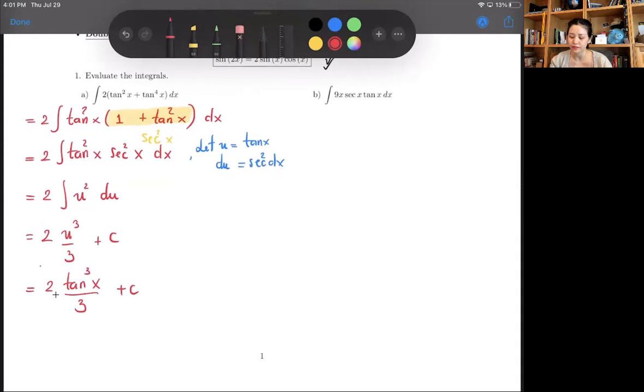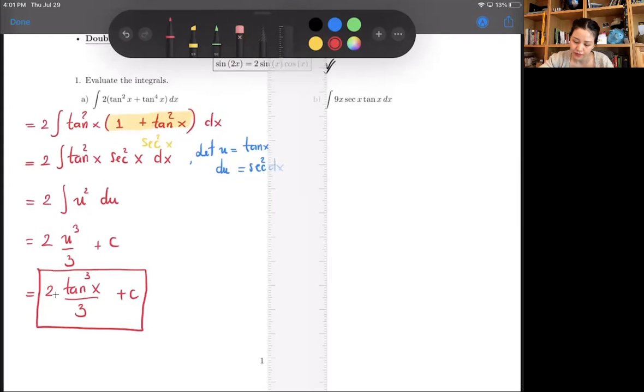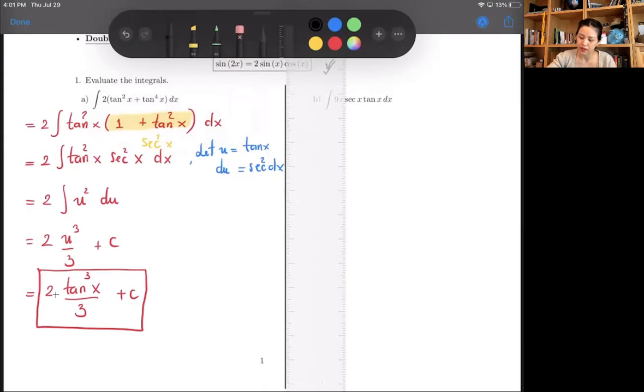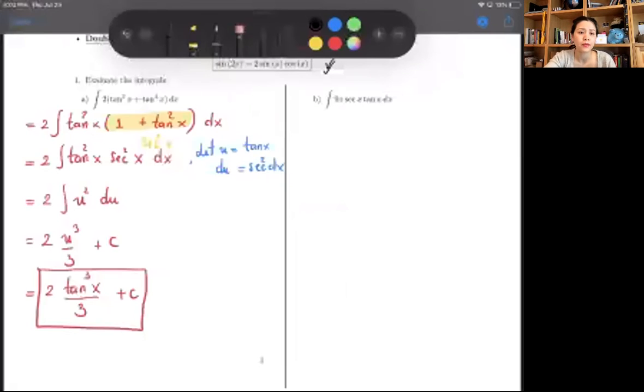Okay, problem B. Let me make a little division here. I have the integral of 9x secant x tangent x dx. For this problem, I'm going to use integration by parts.